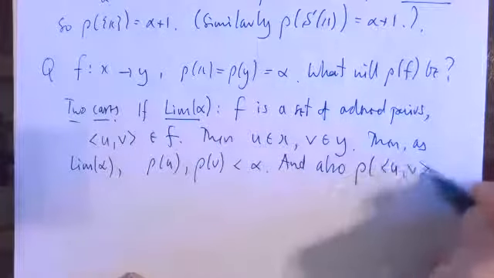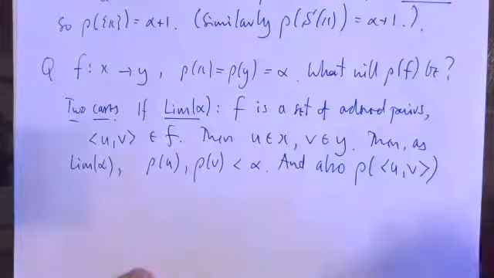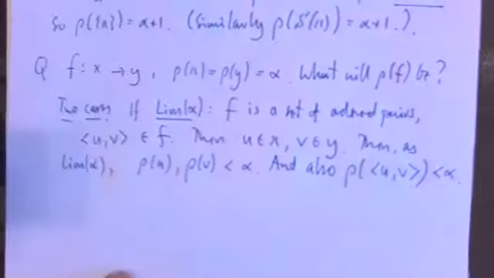And then if you look at the rank of the ordered pair UV, this is also less than alpha.